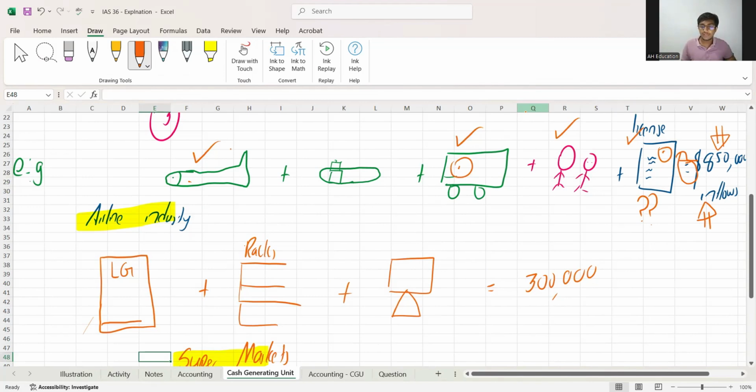Just because I have the aeroplane, it does not mean that I am able to function. I need a trade license as well, which is an intangible asset. So this is one of the examples of your CGU. Can you see here? The airline industry is a perfect example of a group of assets, and they will be able to generate a cash flow.